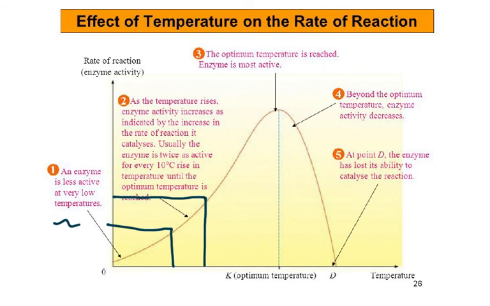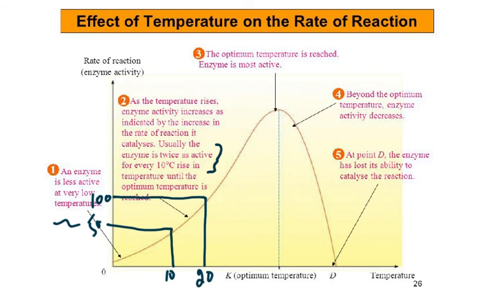Usually the enzyme is twice as active for every 10-degree rise in temperature until the optimum temperature is reached. So before the optimum, say if this was 10 degrees and this was 20 degrees, the rate here would be 50, the rate here would be 100. So for every 10-degree rise in temperature, the rate doubles.